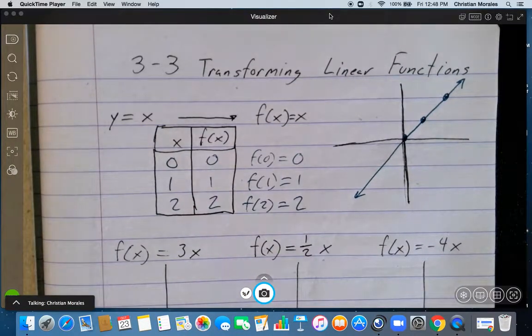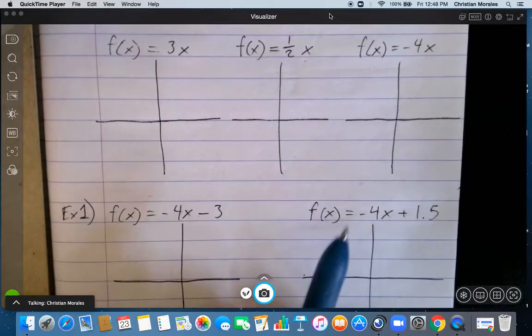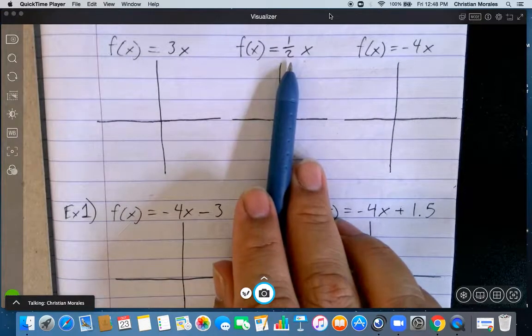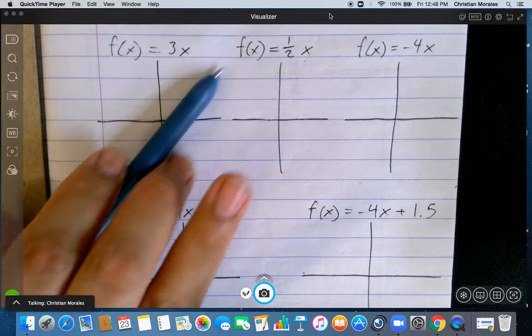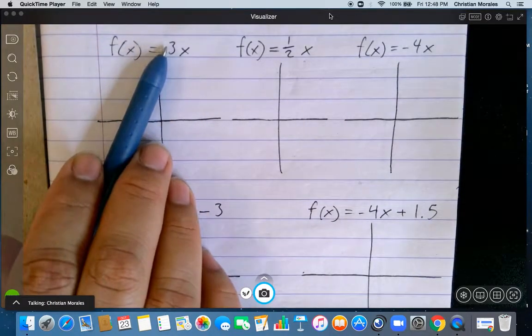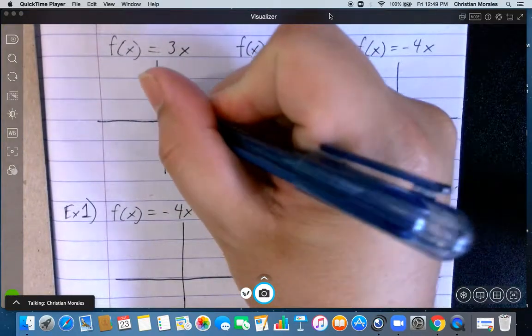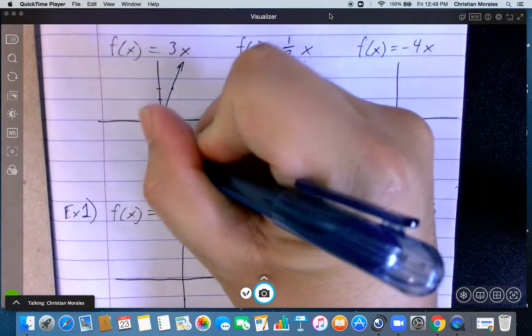Now, we can change it. If we change the number in front, normally we call it the slope, it'll change the way the line looks. So instead of being just a normal line going across, the slope will change the direction a little bit. If we're starting at 0 and it goes up 3 over 1, your line will look like that.